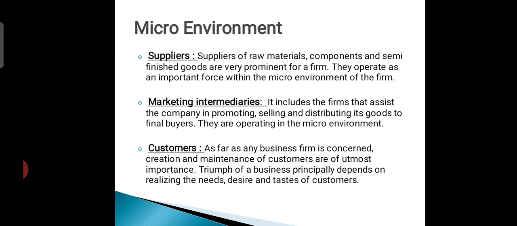Okay, and there is another type of intermediary, that is financial intermediaries. The main function of such intermediaries is that they will finance marketing activities. That is, they will provide finance for the marketing activities of our company, and at the same time they will insure business risk.